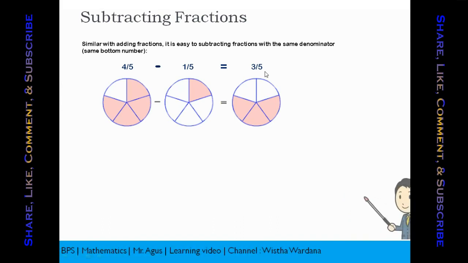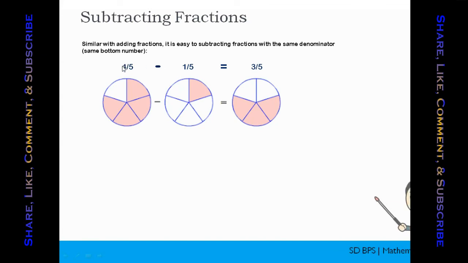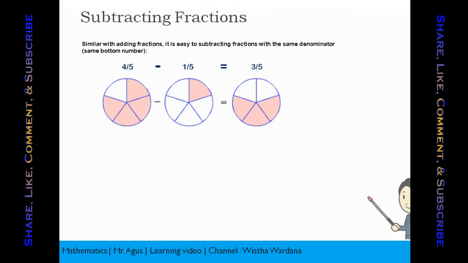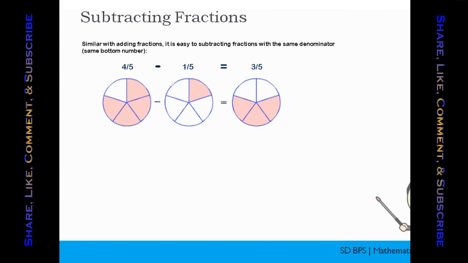The way to get the answer is subtracting the numerators. 4 minus 1 equals 3. How about the denominator? Yes, similar to the addition problem, just rewrite the denominator. That's why we have 3 per 5 as the answer.